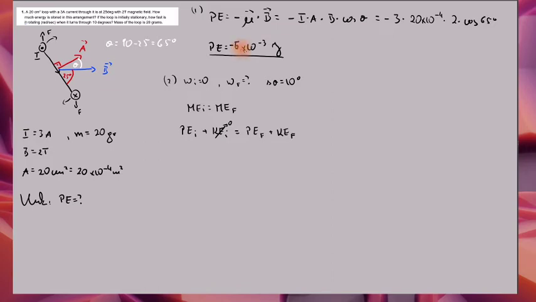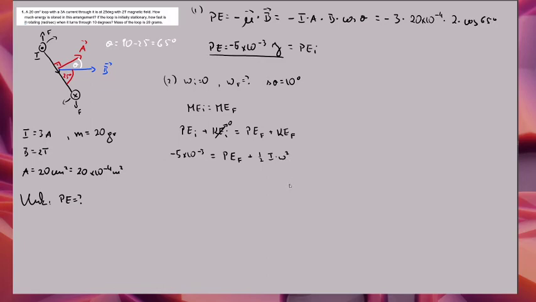That's my initial potential energy. So I can write here, this is minus 5 times 10 to the negative third joules, and then equals, I have to figure out the final potential energy. And as far as the final kinetic energy is concerned, that's just going to be one half times I times omega squared.